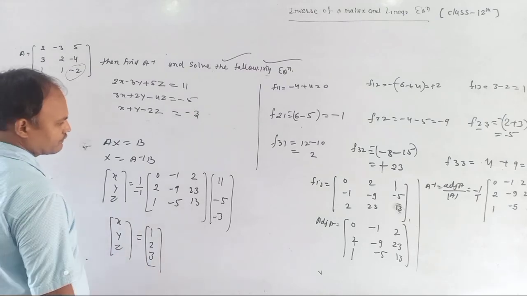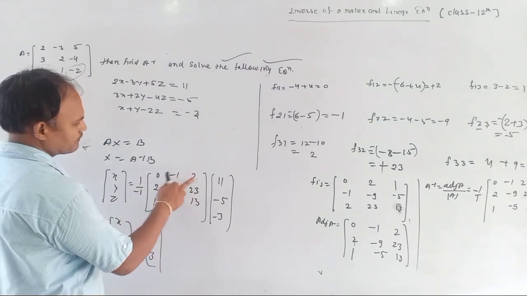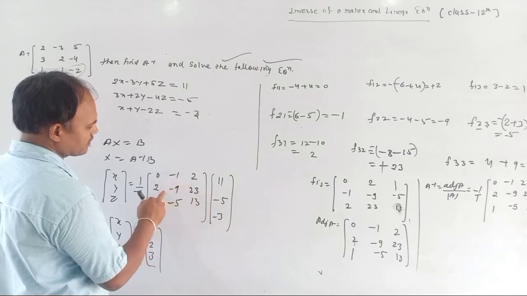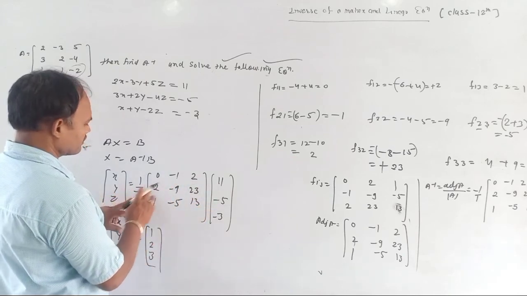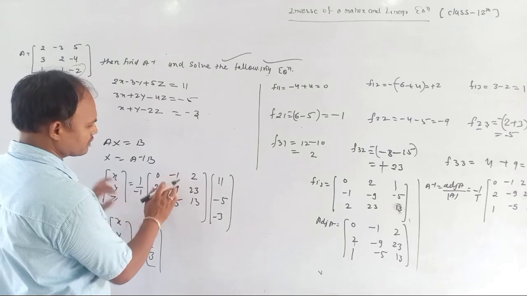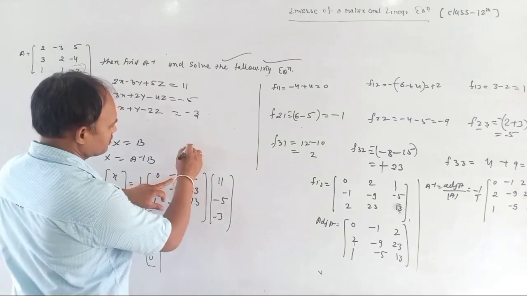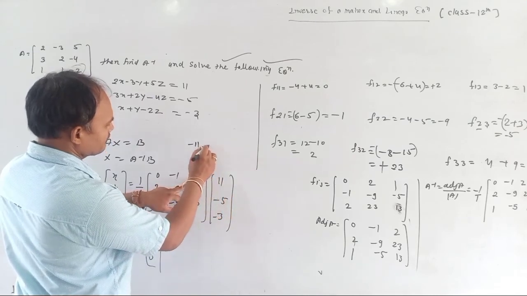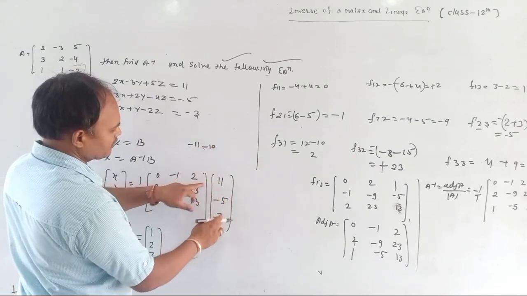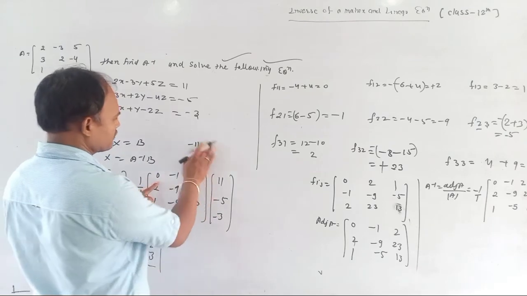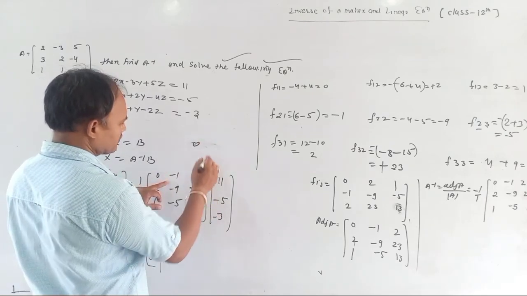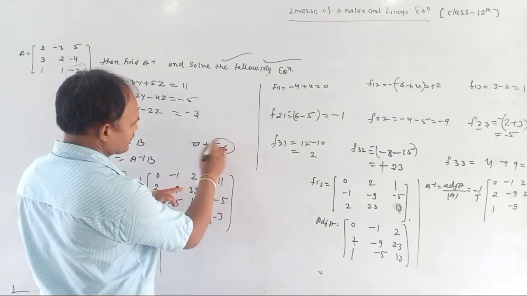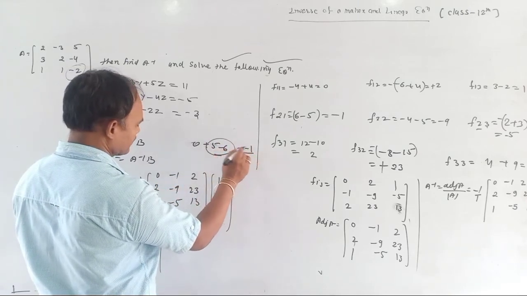Look at here, it is minus 11 and minus 10, and here it is 1. Then minus 11 and minus 10, and here it is 0 plus 5 minus 6, so it is minus 1.